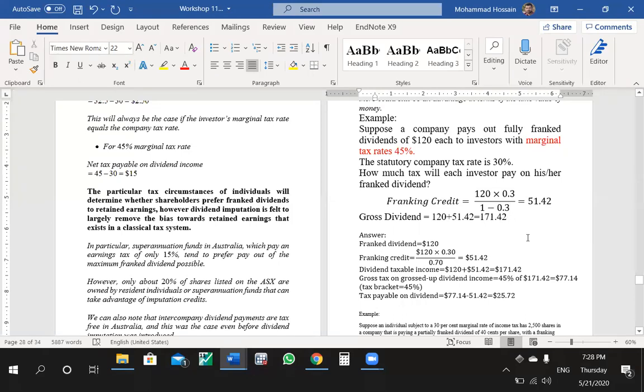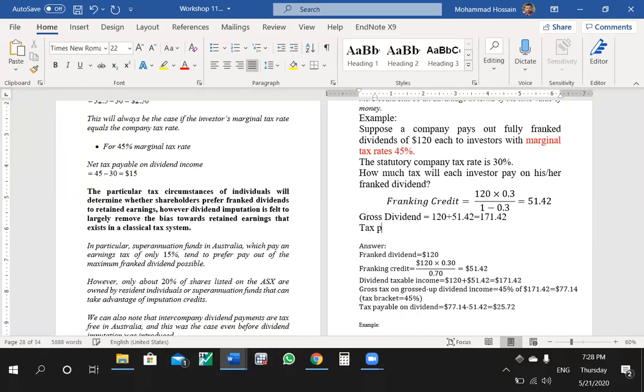So how much is the tax on your gross dividend? You say here, tax payable: 171.42 multiplied by their marginal tax rate of 45%, so 0.45, which is equal to 77.14. That's the tax payable.